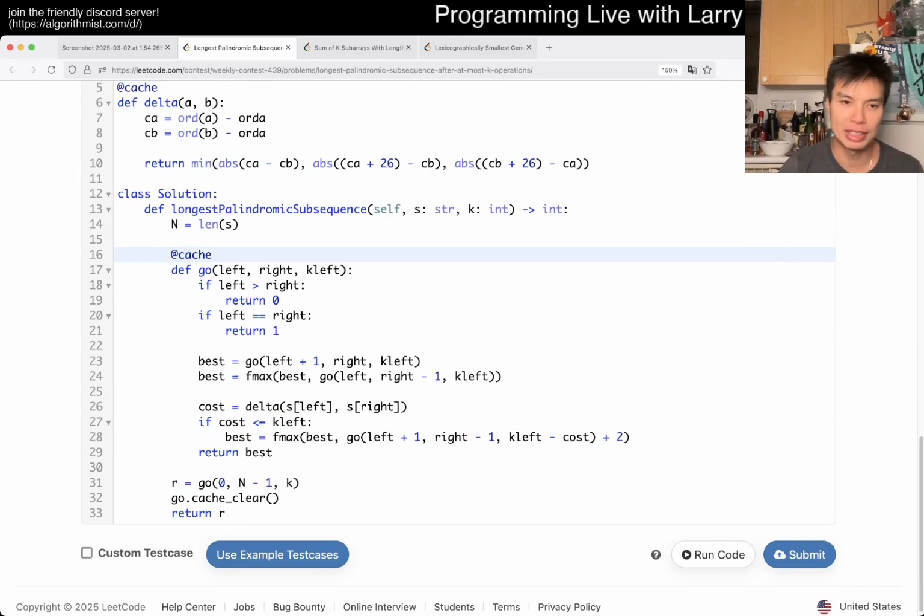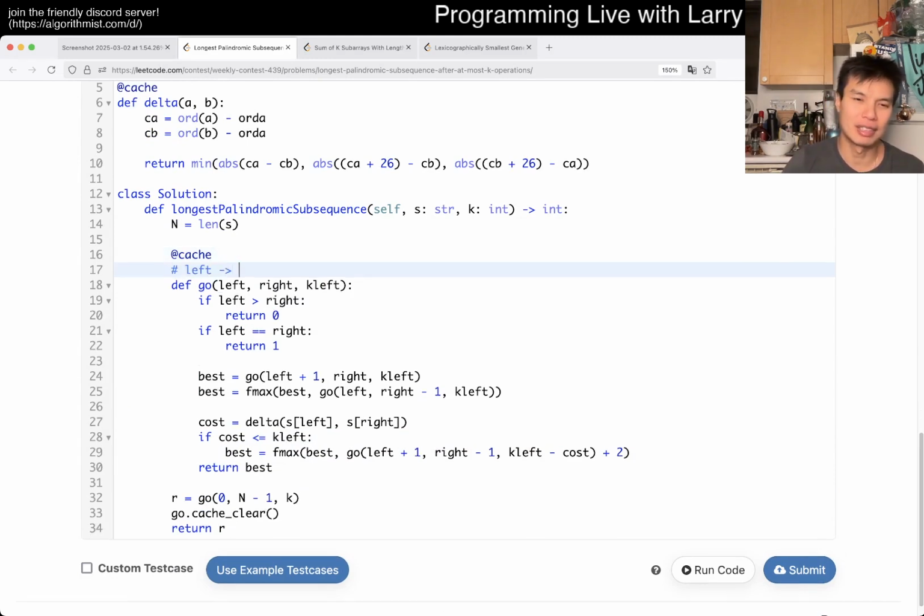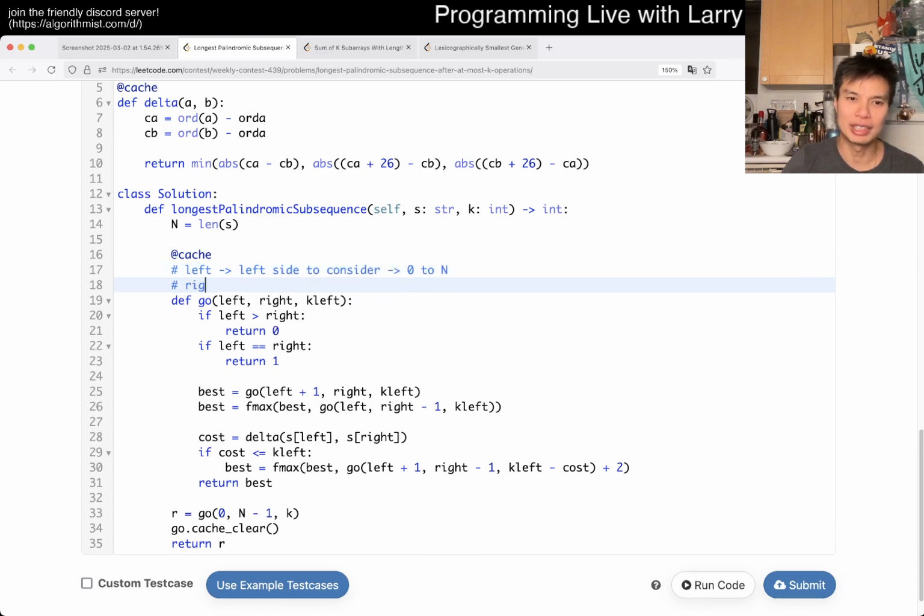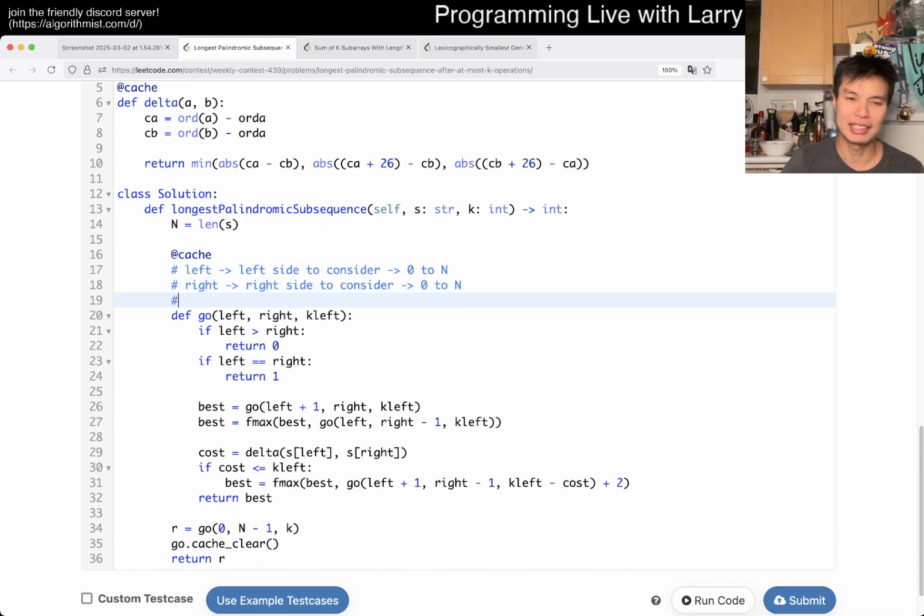So you have left, which is the left side to consider, and this goes from 0 to n. You have right, which is the right side to consider, 0 to n, and then k left is what it sounds like, just the number of operations we can do left.